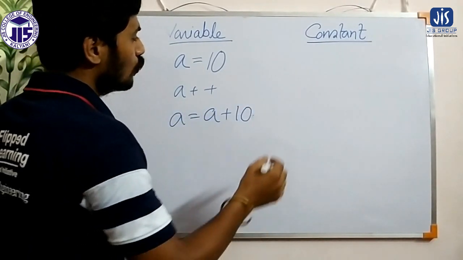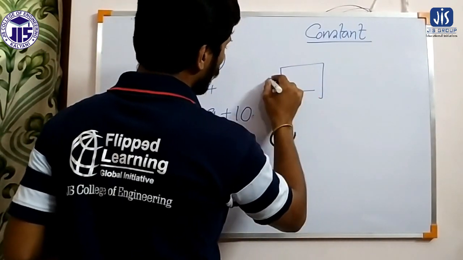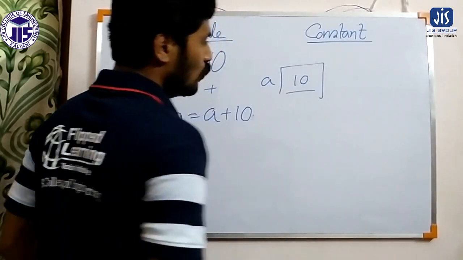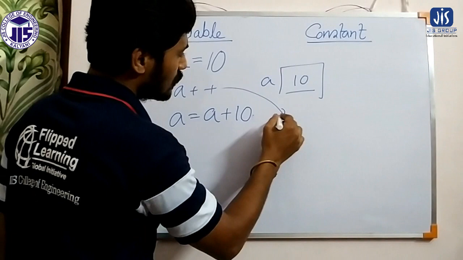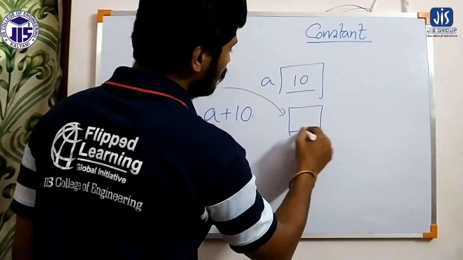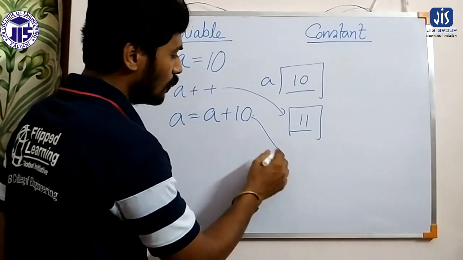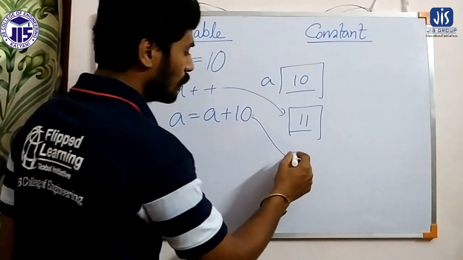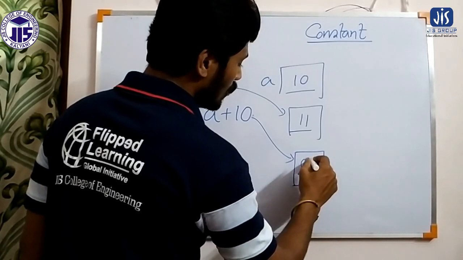So the value of a, which is initially 10, if I perform a plus plus operation, the value of a will become 11, it will increase the value. After that, if we perform a equals to a plus 10, then the value of a will become 11 plus 10, that is 21.